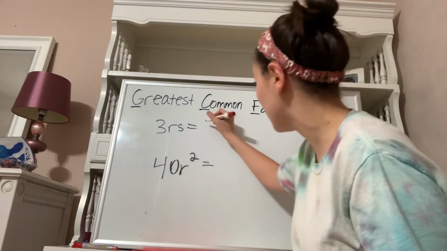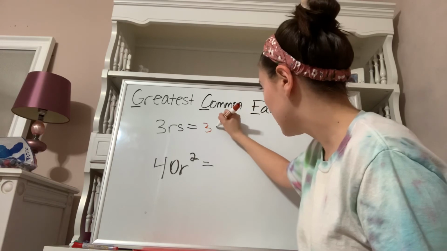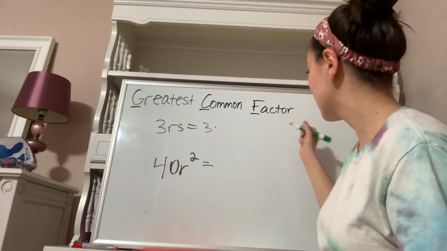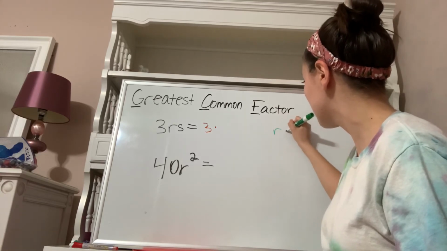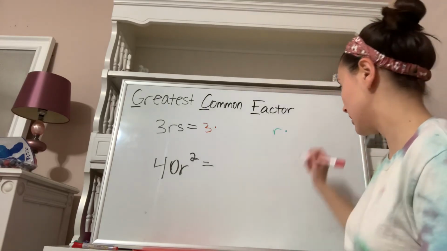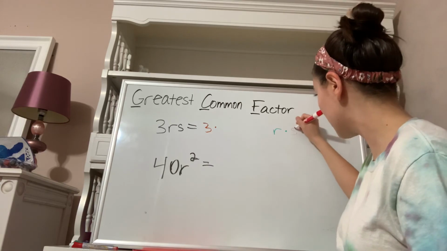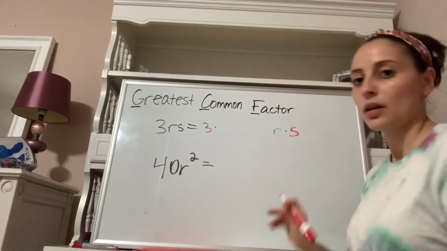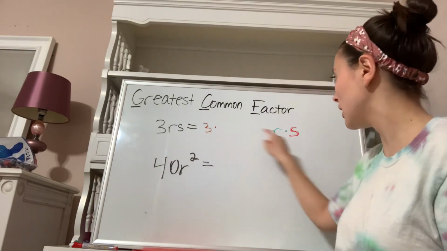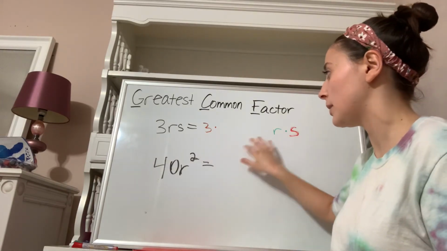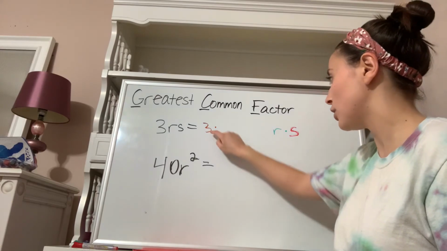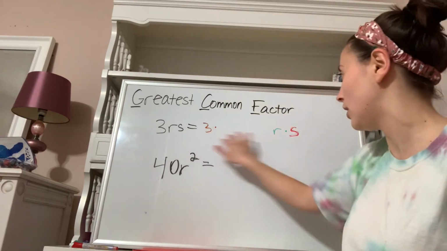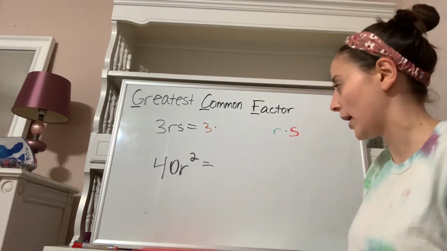We have a 3 times, and I'm going to leave a big space, times an R times an S. Okay, so 3RS, and the reason I'm leaving these big spaces is so it's going to be easier for us to circle our pairs. That's the only reason why I'm doing that. But you can think of it all in one line, 3RS, okay?